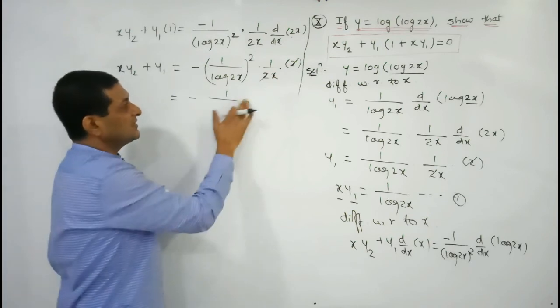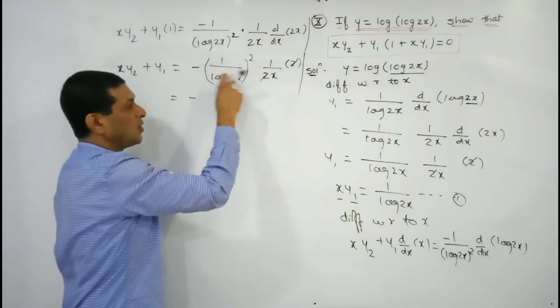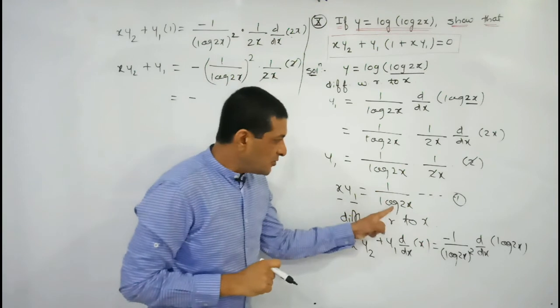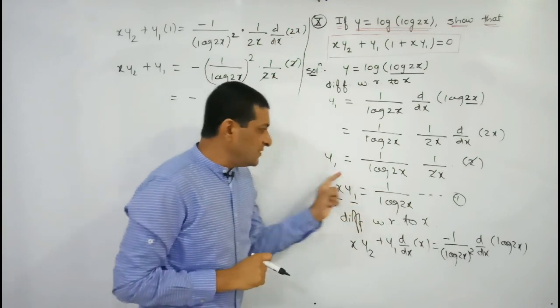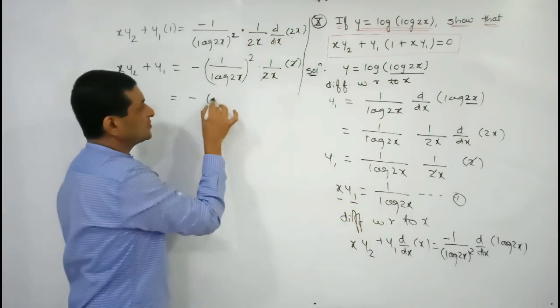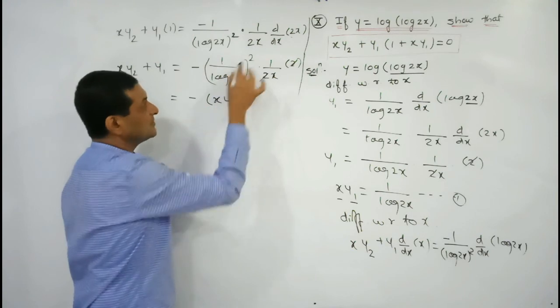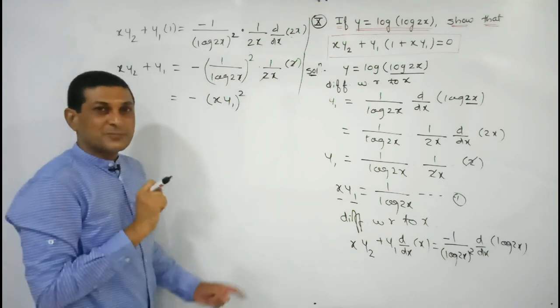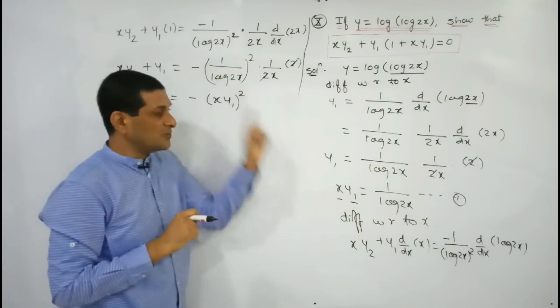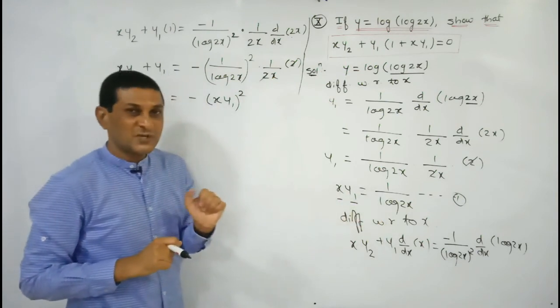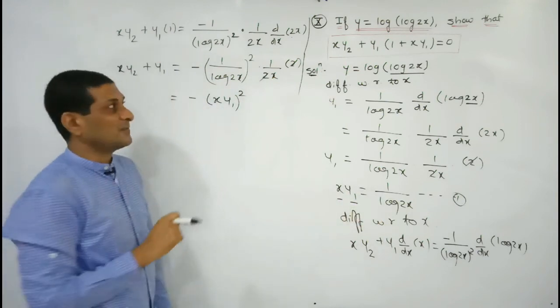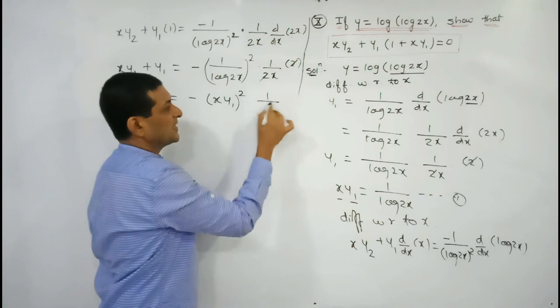So here this term 1 upon log 2x, its value is xy1. Keep this square as it is; we are just substituting the value of 1 upon log 2x from the first equation, its value is xy1, and the remaining term here is 1 upon x.